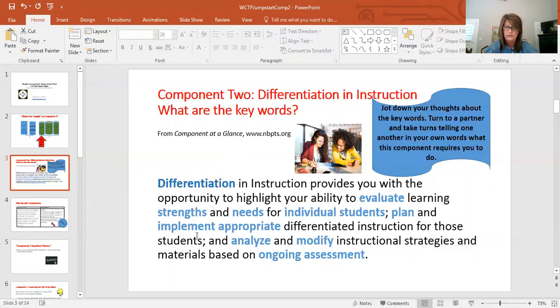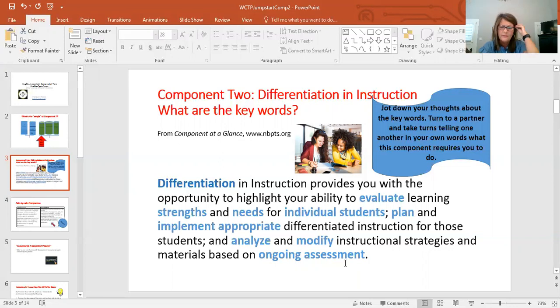Again, it'll be 1 or 2. And then once you have implemented the instruction, you will analyze your instruction and modify your strategies based on ongoing assessment. So huge here is differentiation and then ongoing assessment to modify.